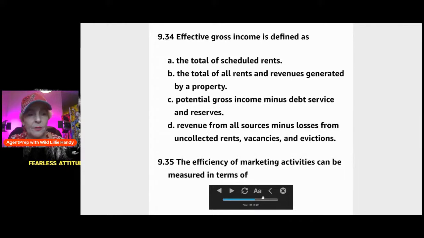Subtracting then from that amount losses caused by uncollected rents, vacancies, so any units that are not occupied though available, and evictions gives the effective gross income.